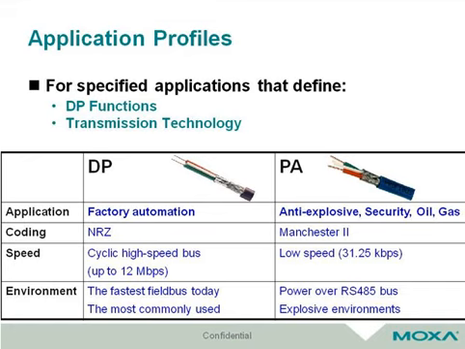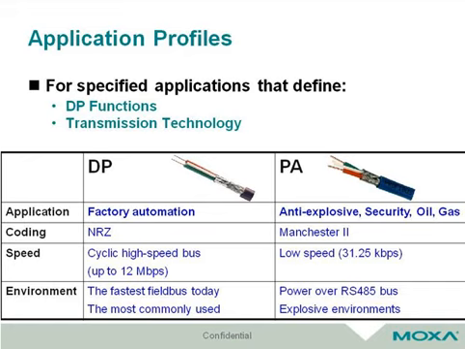After introducing the physical layer to the user interface layer of the Profibus protocol, and how a master or slave device works, we are going to introduce the application profiles. The application profiles are designed for specified applications, which include DP functions and the transmission technology for special environments and requirements. For example, here we compare Profibus DP and PA. The first column is about the applications they are used for.